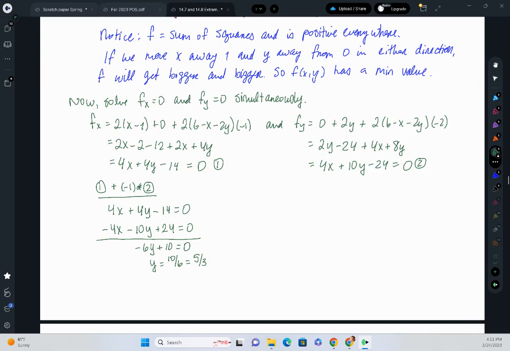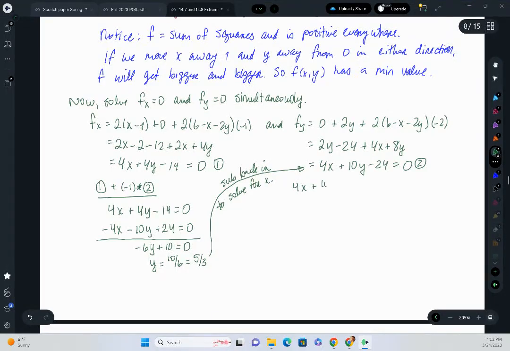All right. Now, if I substitute this back in to this equation to solve for x, what I have is 4x plus 10 times 5/3 minus 24 is equal to 0.